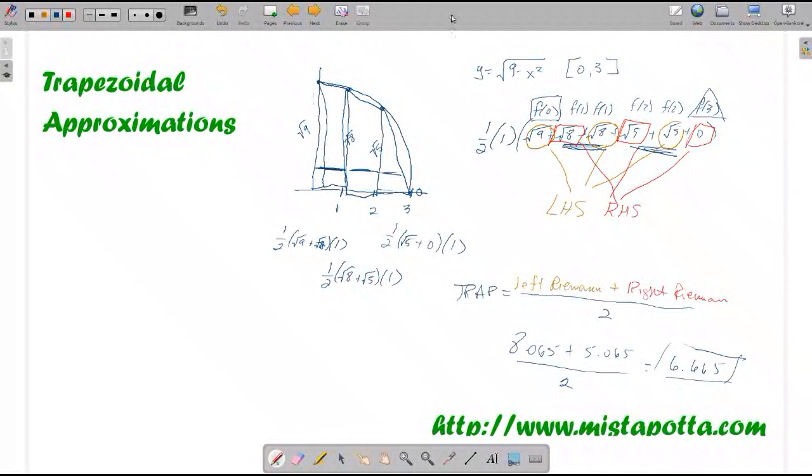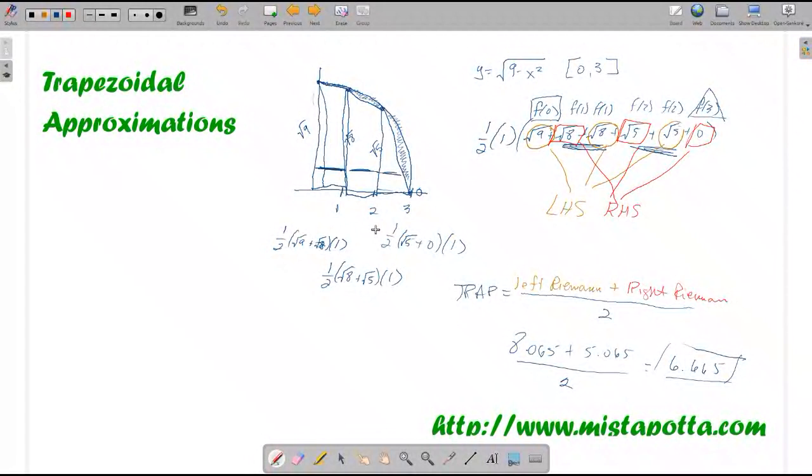And notice that when I'm dealing with these trapezoids, I don't nearly have as much overestimate or underestimate for each of these. The only thing I've got is this little sliver that's being ignored. So I know that what I'm dealing with here is an underestimate. But this is one of the best estimates that I've had so far.